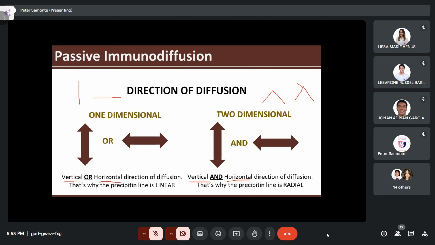That's why the precipitin line class would come as radial or somewhat diagonal. So take note of that, ha? So ulitin ko, ha, pag one-dimensional, it would only come as a single direction, either vertical or horizontal. But if it's two-dimensional, it would come into two directions, both vertical and horizontal, forming the precipitin line to become radial or parang diagonal.